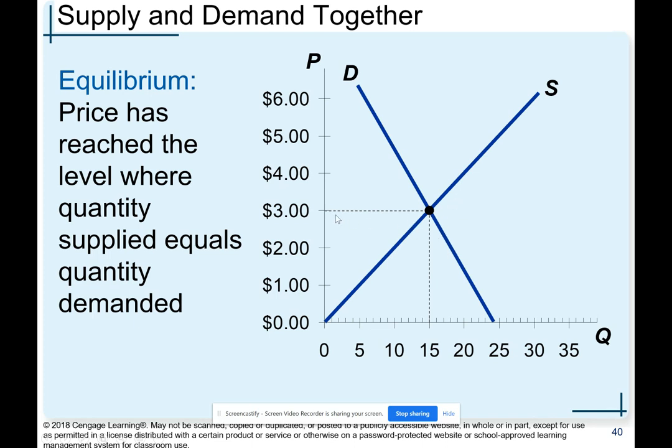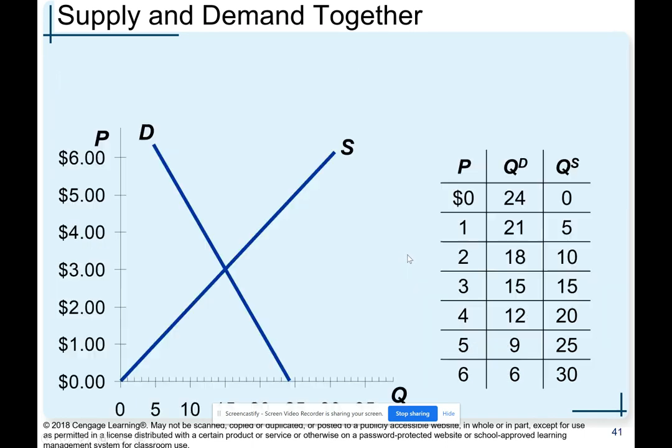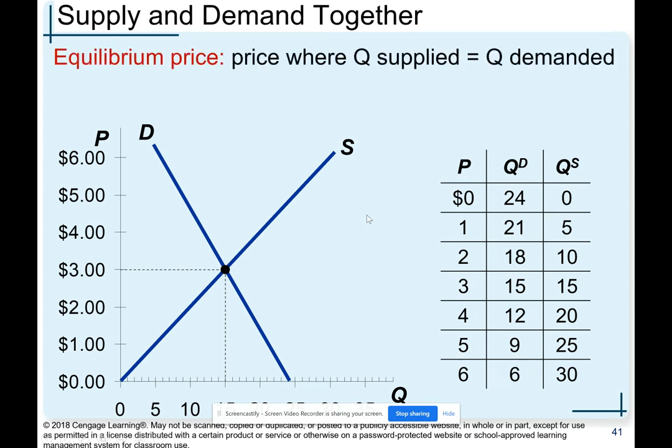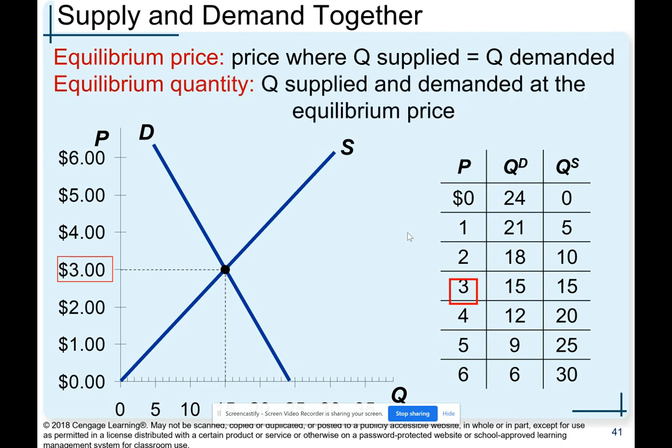In this graph, equilibrium price is $3 and equilibrium quantity is 15. Equilibrium price is the price where quantity supplied equals quantity demanded, and that is $3, and 15 is the equilibrium quantity.